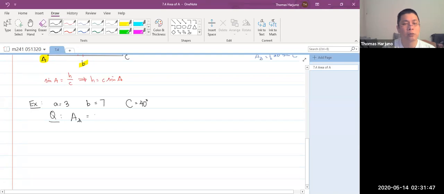Area of the triangle will be 1/2 the product of 2 sides times the sine of the included angle.